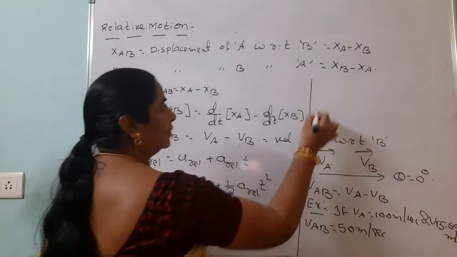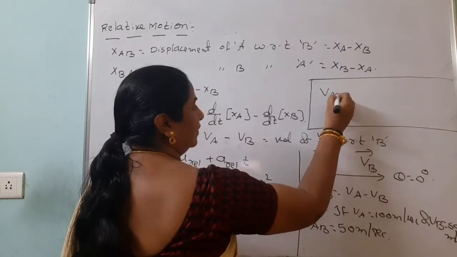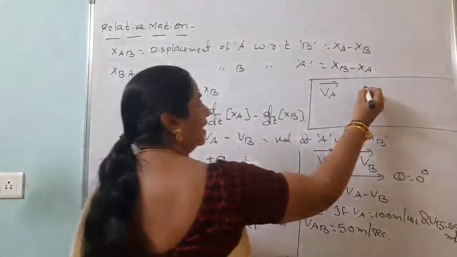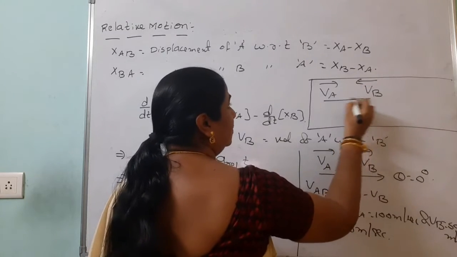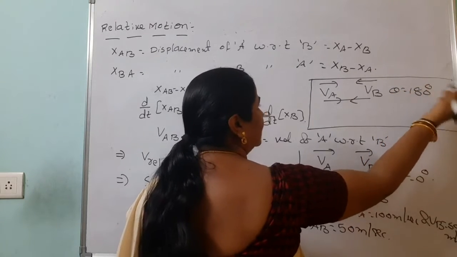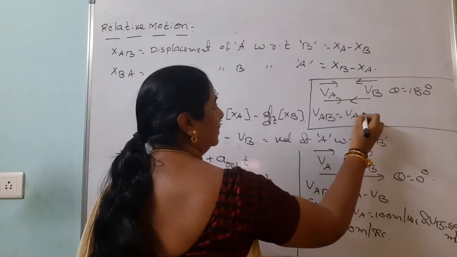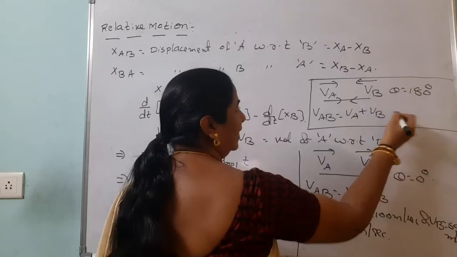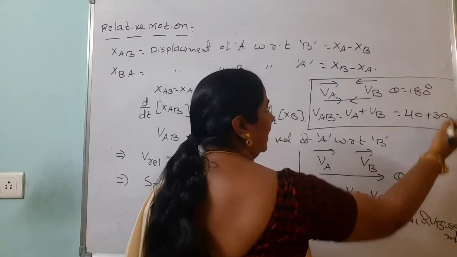And one more example. This is car A, moving with velocity VA, and another car is moving opposite to this one. Both approach each other, theta equals 180 degrees. So here the relative velocity is VA plus VB. Suppose two trains: VA is 40 kmph and VB is 30 kmph.